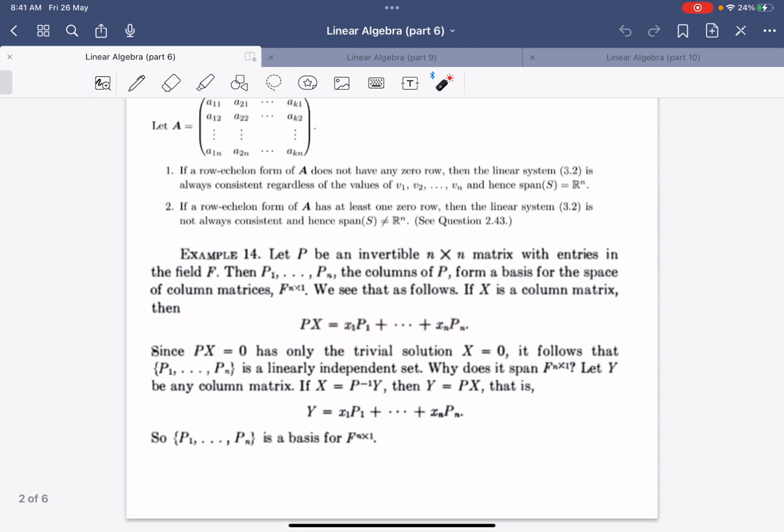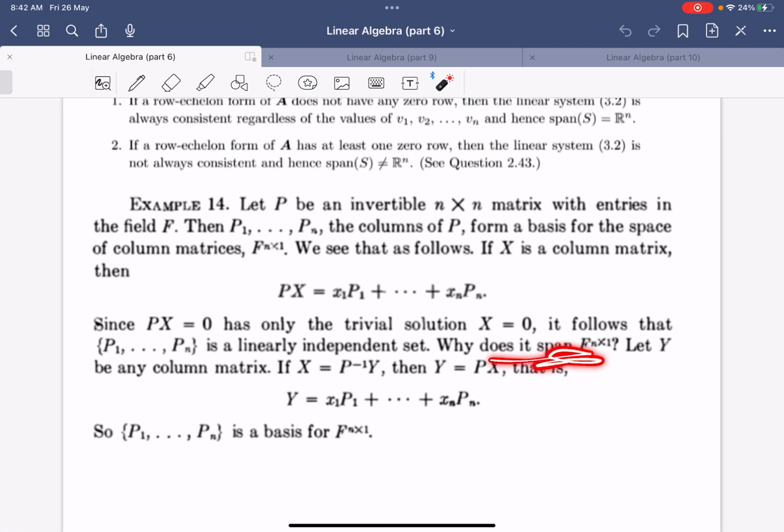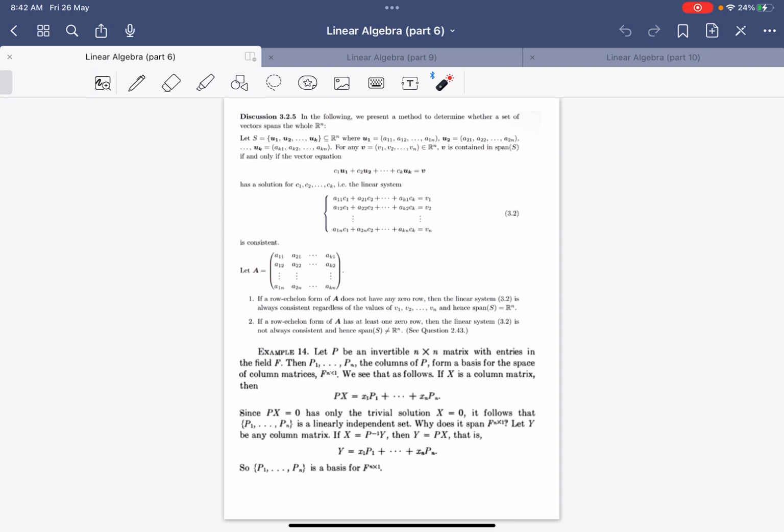Since Px = 0 has only the trivial solution, as P is invertible, it follows that this has to be a linearly independent set. And why does it span F^(n×1)? Well, we let y be any column matrix, then x can equal this, so y equals Px, and that is y equal to this linear combination. And so these columns form a basis for F^(n×1). I hope this is clear on why it forms a basis.